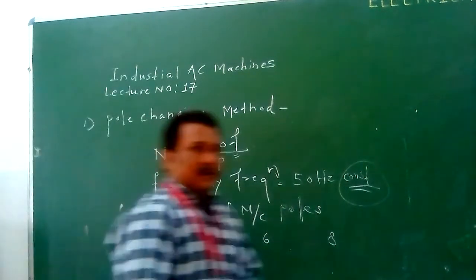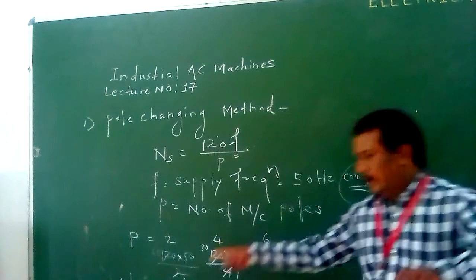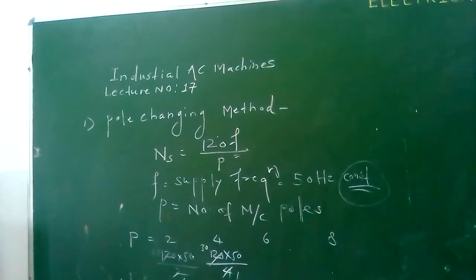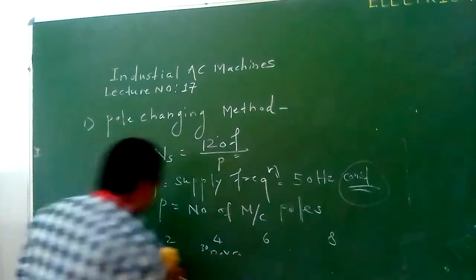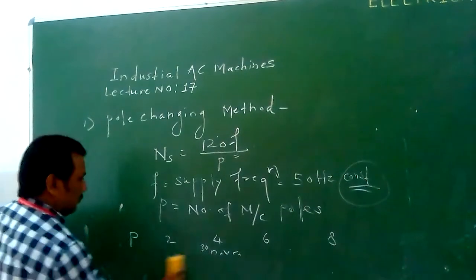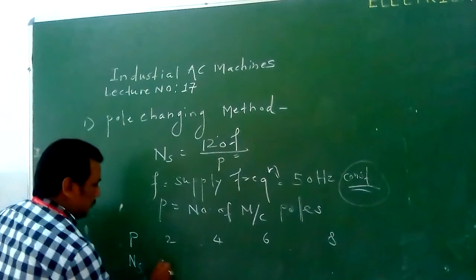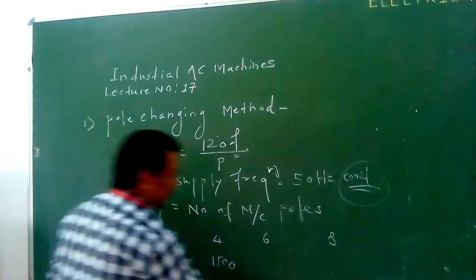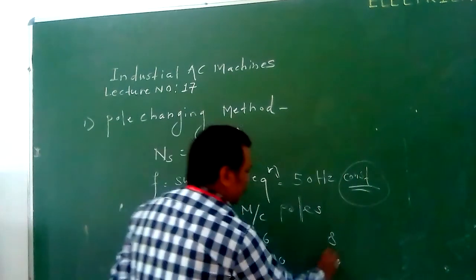As the poles increase but the frequency is constant, the synchronous speed decreases, and likewise we see for the 6 pole machine. Here we have 3000 rpm, here 1500 rpm, here 1000 rpm, and here 750 rpm.